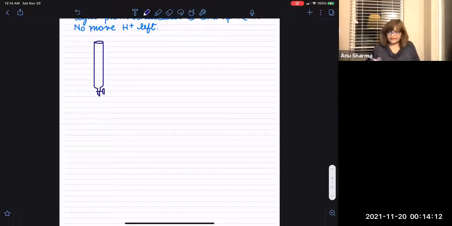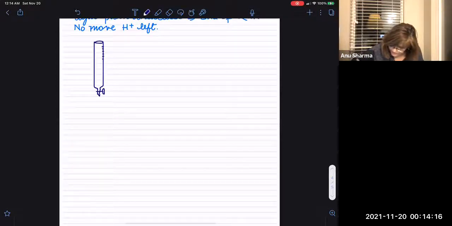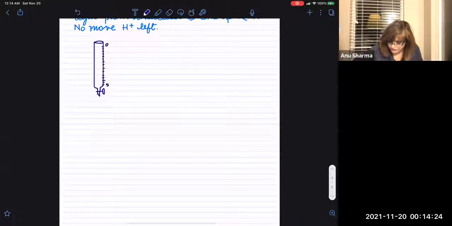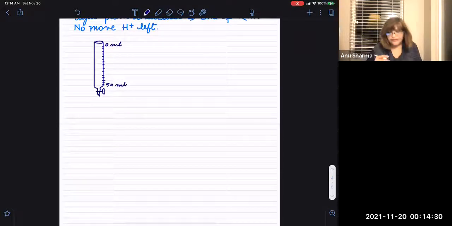It looks like that. It has got markings on it, and mostly it starts from 0 and goes all the way to 50 or so. Milliliters. So your reading is going to be in milliliters.